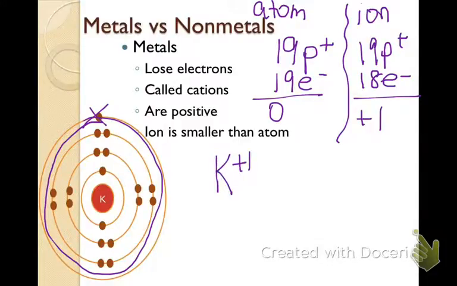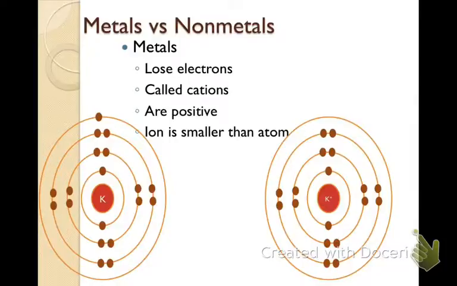So these are positive ions, and they're called cations. Now, some ways to remember a cation: if you notice that t, that forms a plus sign. So you remember that that's actually a positive ion. The cations end up being smaller than the atom. Let's erase this and go to the new version. So here we have the atom on the left-hand side and the cation, or the ion, on the right-hand side.